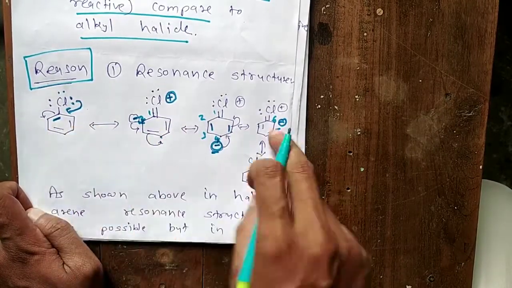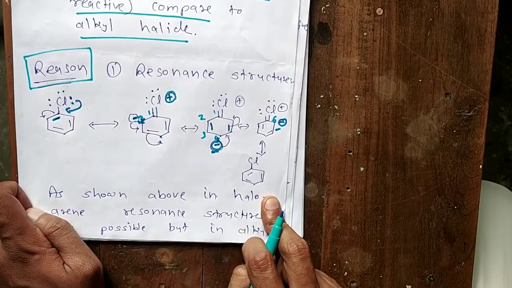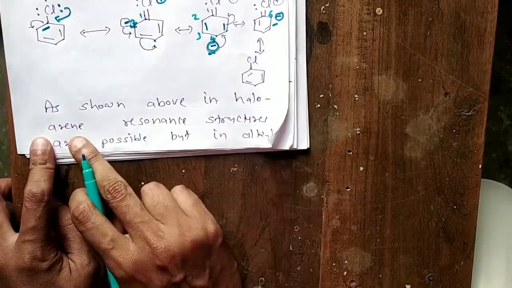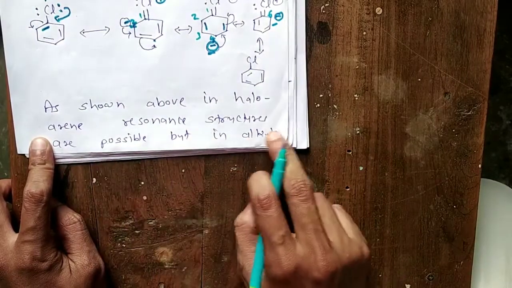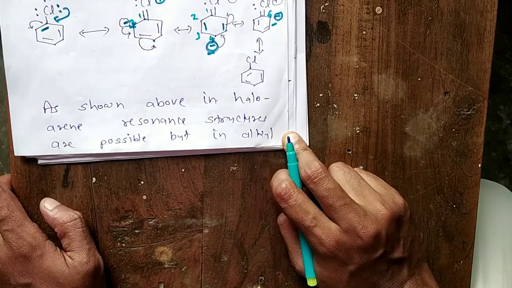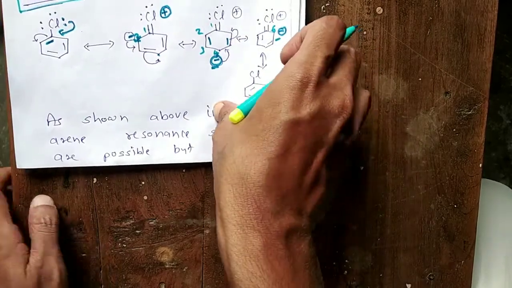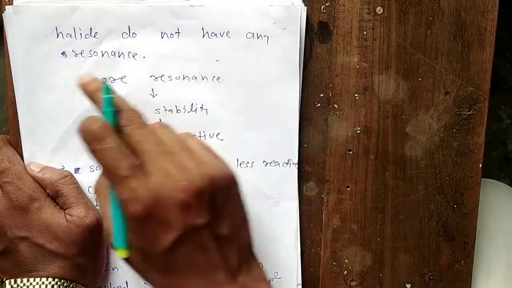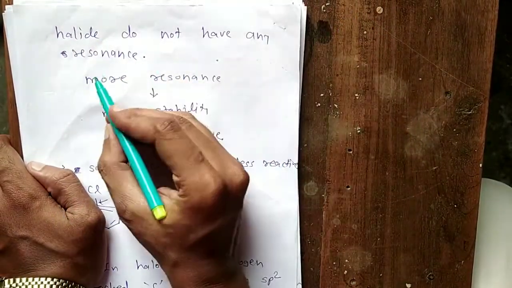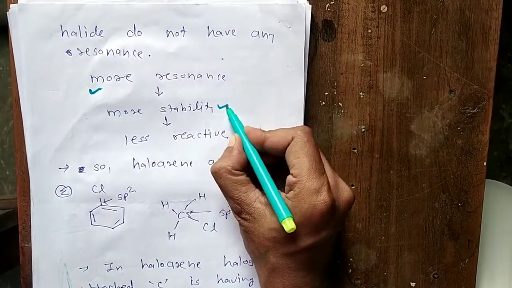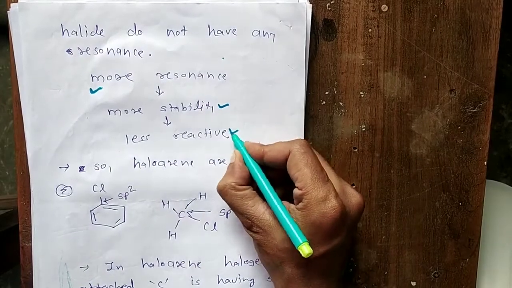Total 5 resonance structures are here. So in haloarene, resonance structures are possible, but in simple alkyl halide, resonance structures are not possible. Alkyl halide does not have any resonance structure, and more resonance structures means more stability, means less reactive.